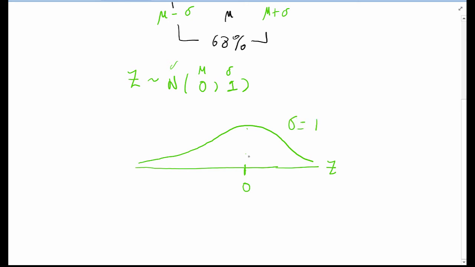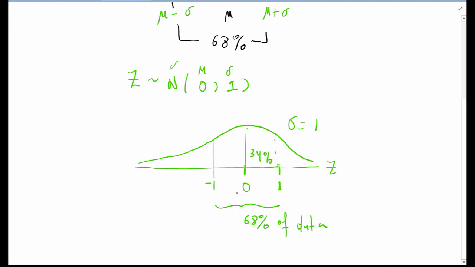That means if I move one standard deviation above the mean and one standard deviation below the mean, then I'll have 68% of the data, of the values, in that range. Between -1 and 1, I have 68% of the data. Between 0 and 1, I will have 34% of the data.